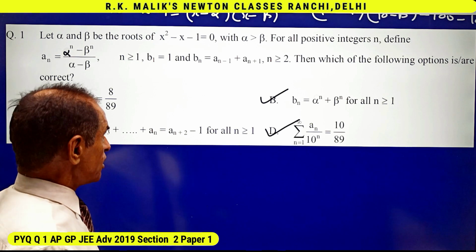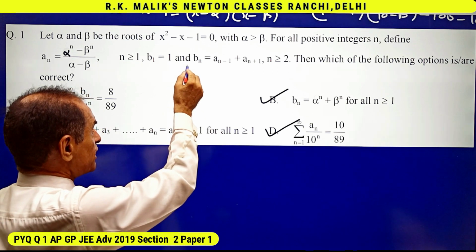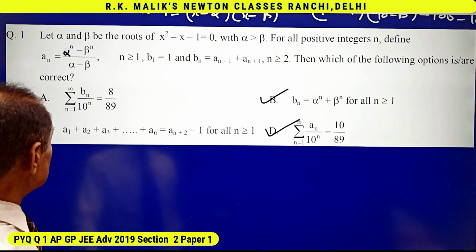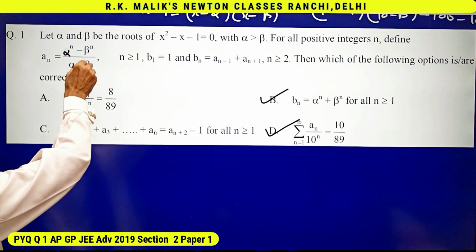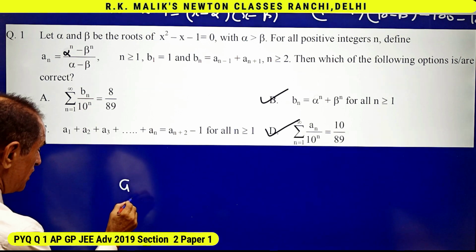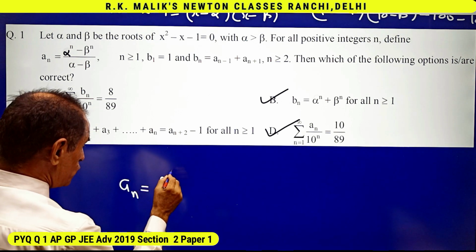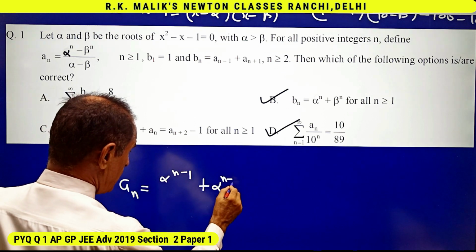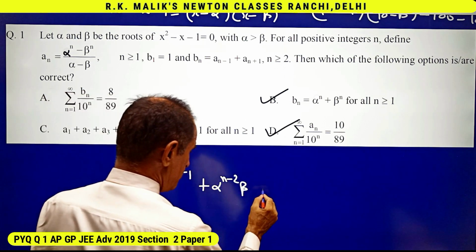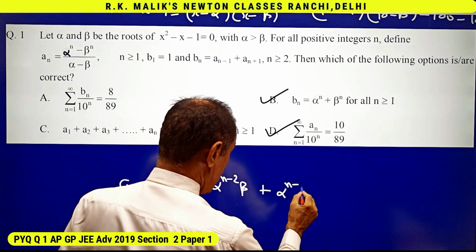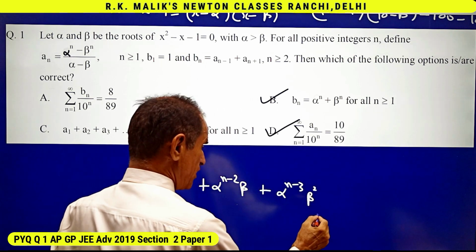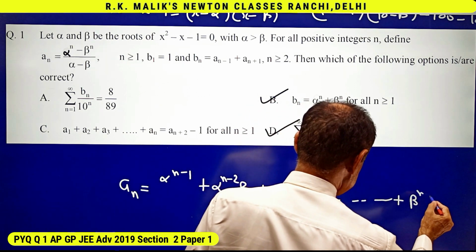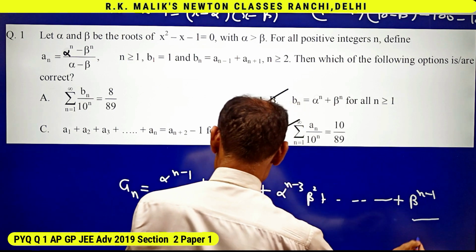Otherwise, the alternative way of getting the value of Bn, I can proceed in this way also. From here I can say An will be equal to alpha to the power n minus 1 plus alpha to the power n minus 2 beta plus alpha to the power n minus 3 beta square up to beta to the power n minus 1.